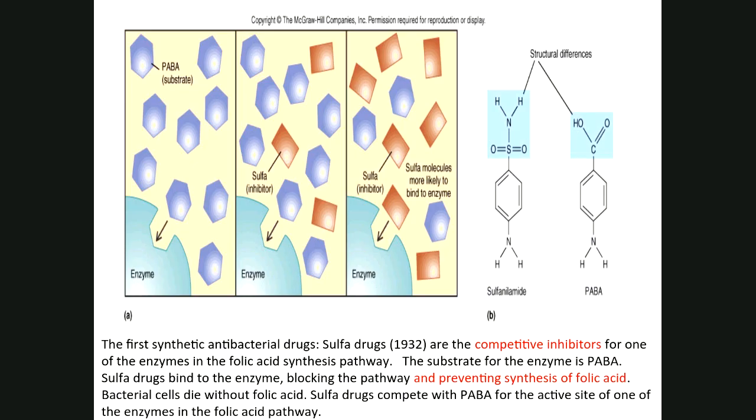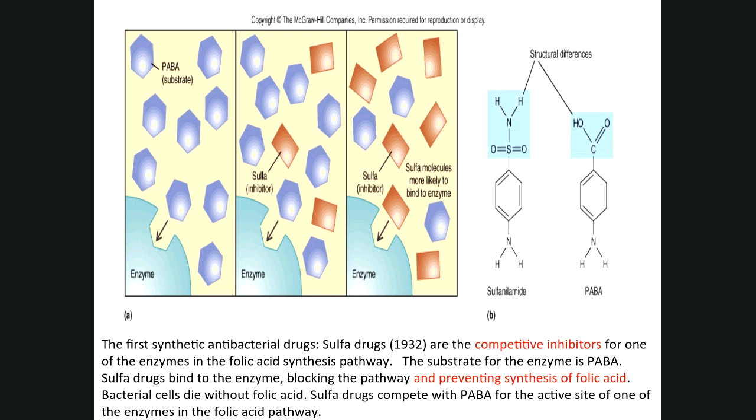So one good example of a competitive inhibitor, which is used in microbiology as an antimicrobial drug, are sulfa drugs. So sulfa drug is a competitive inhibitor for bacteria because bacteria can make their own folic acid.